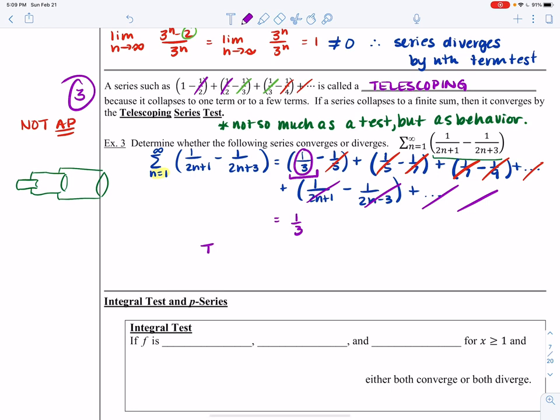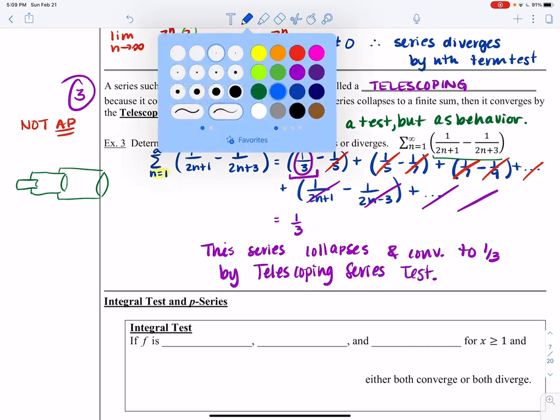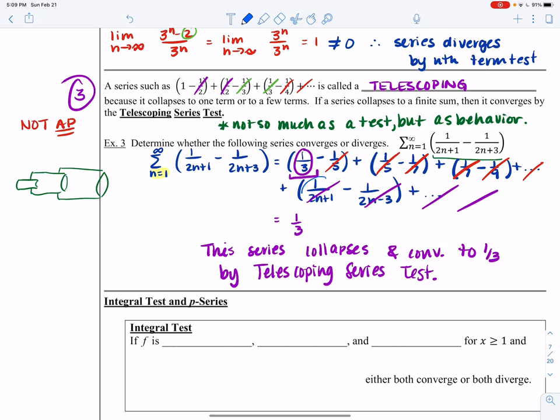So basically what's happening is this series collapses and converges to 1/3 by the telescoping series test. Now you will see some books that will actually take limits of these n terms here, and that's an appropriate thing to do.